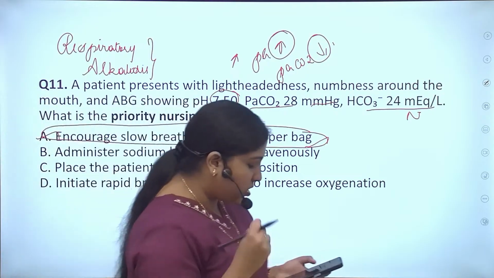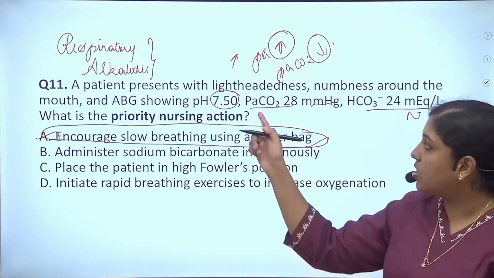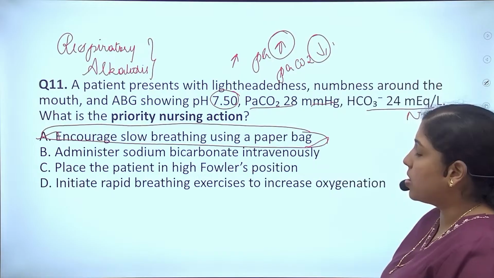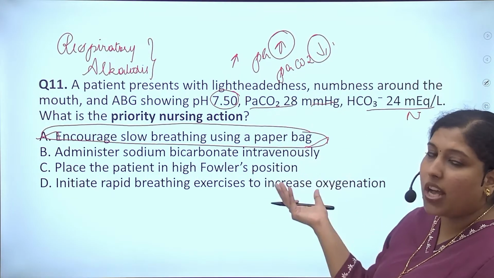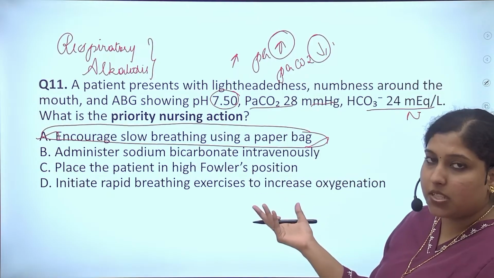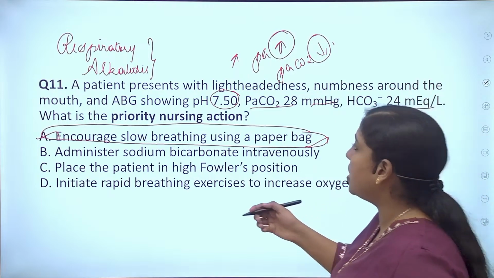Now put in the comment box immediately if the patient is going for hyperventilation or hypoventilation in case of respiratory alkalosis. Respiratory alkalosis means there is no acid, which means there is no CO2 accumulation, which means the patient is hyperventilating.